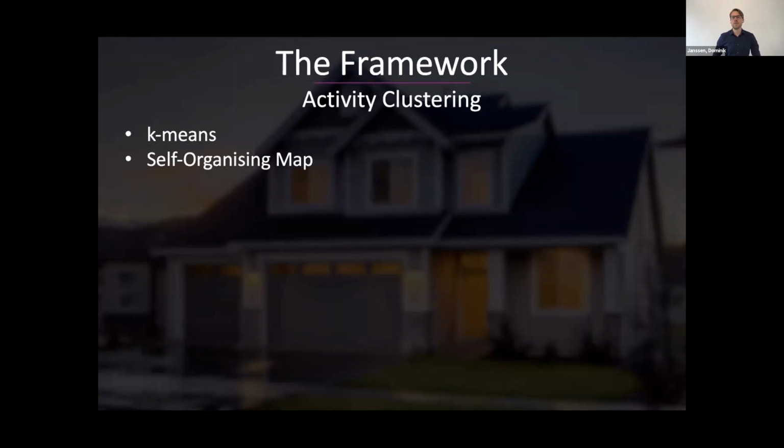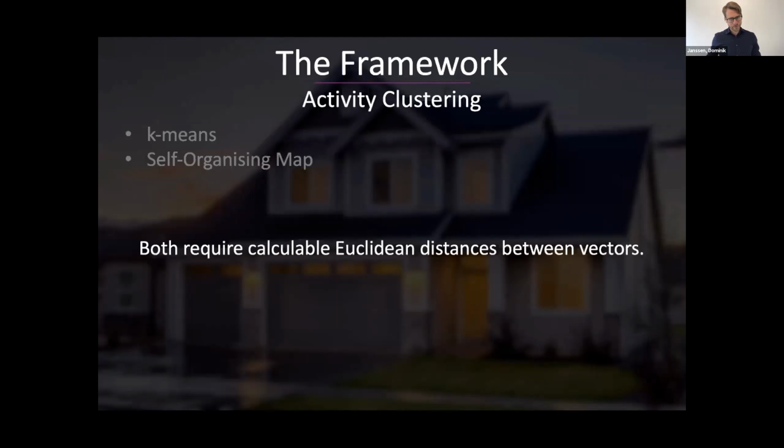The fancier algorithm we use is a self-organizing map. And indeed, we found out that putting a little bit more effort into the clustering yields better results. So the self-organizing map is the way to go here, at least compared to the k-means algorithm.